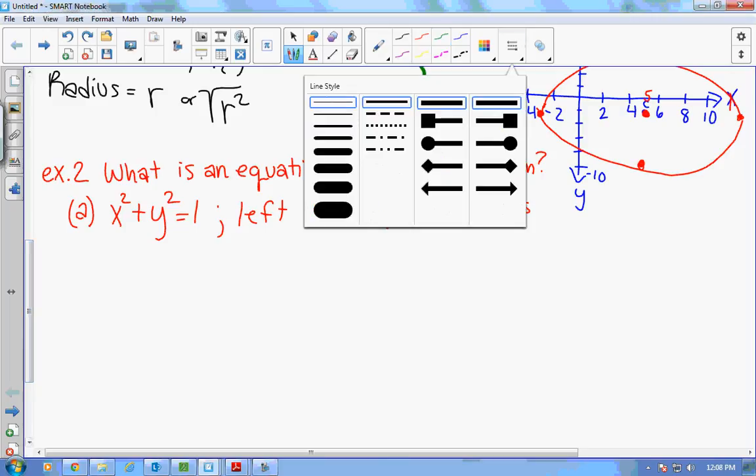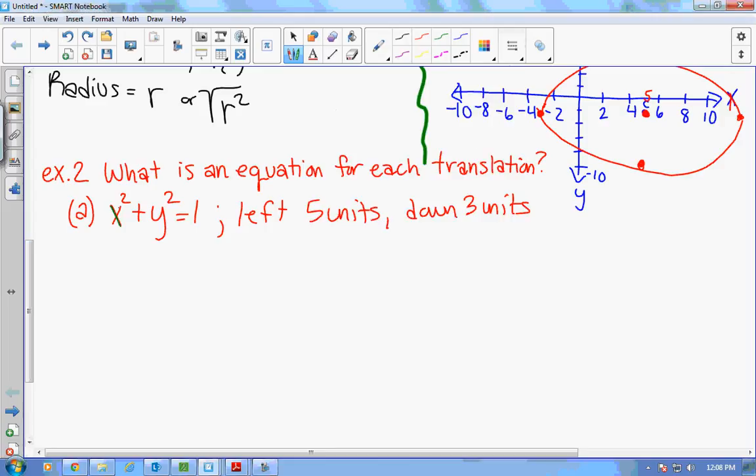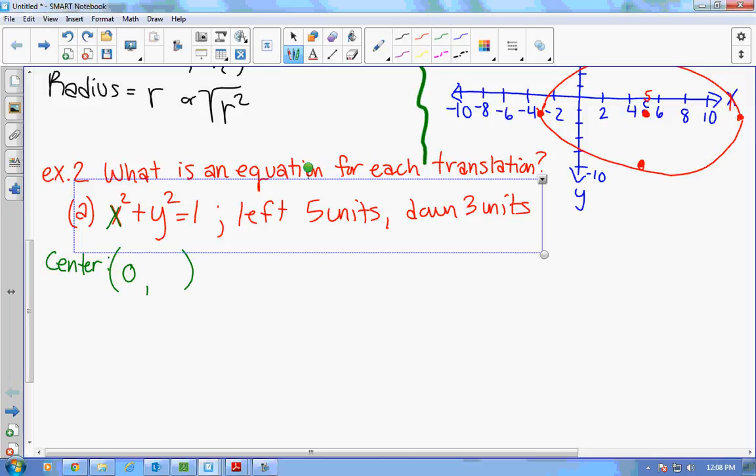Before I look at the translations, I want to first decide where this graph is. Can anyone see the center? What number is being added or subtracted to the x? What's in parentheses with the x? Nothing. What number is nothing? 0. So we do the opposite, which is still 0. What number is being added or subtracted to the y in parentheses? 0.